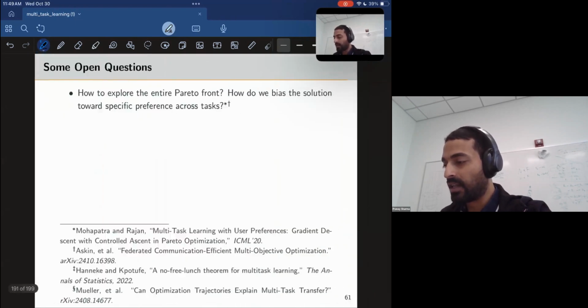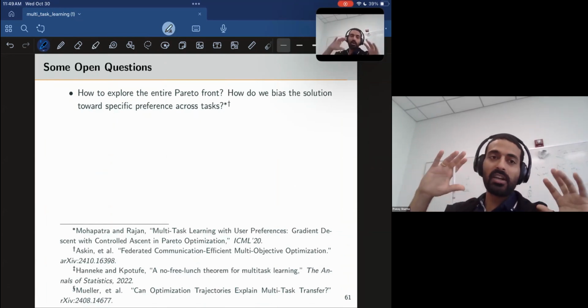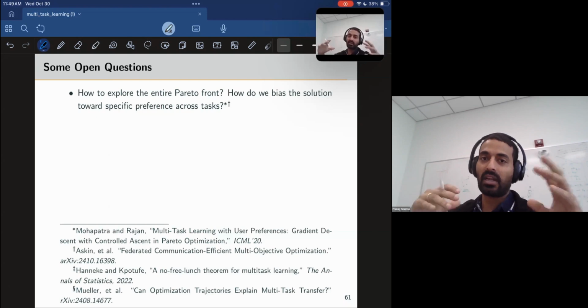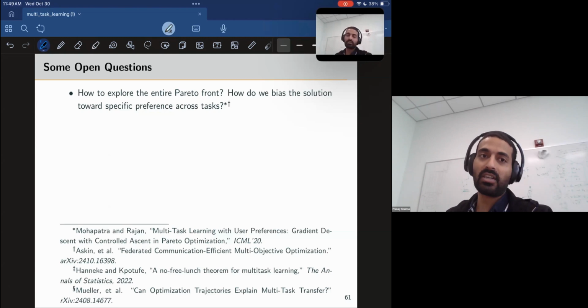Okay, so in the last minute, I want to mention some open questions, if some of you are interested. First, in all the multi-objective optimization section, the solution would be some Pareto stationary point, right? But you don't have any control over what kind of point you will end up with.